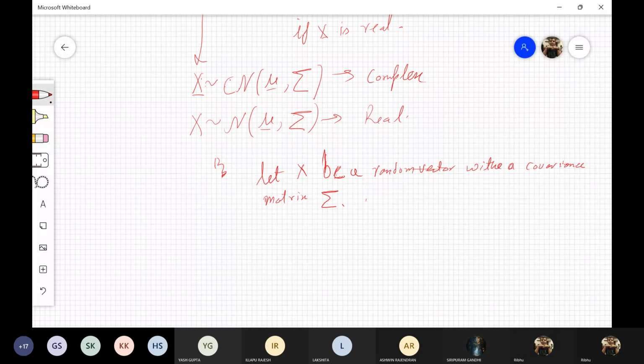Then we can write sigma equals Q lambda Q Hermitian.